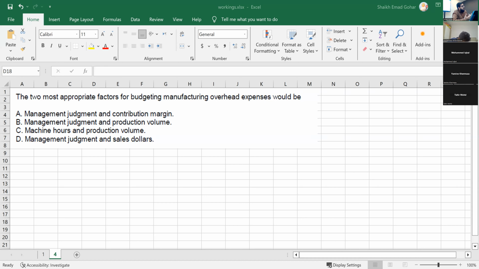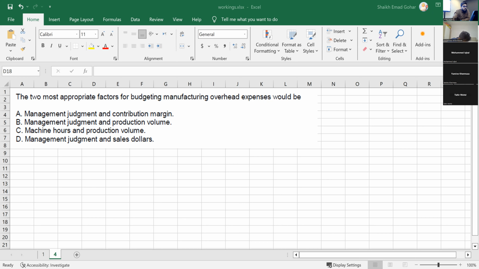It can be the number of units, machine hours, or labor hours. So what are the most appropriate factors? Judgment and volume. If in option C they had given management judgment also, then it would have been the answer. Because here they say and; maybe they put or, better.